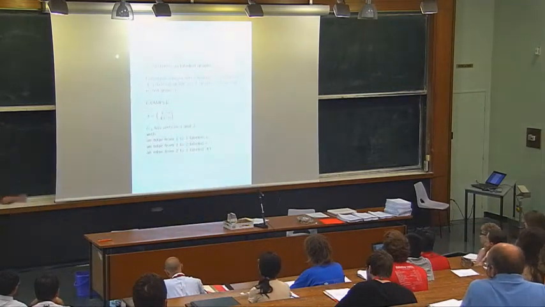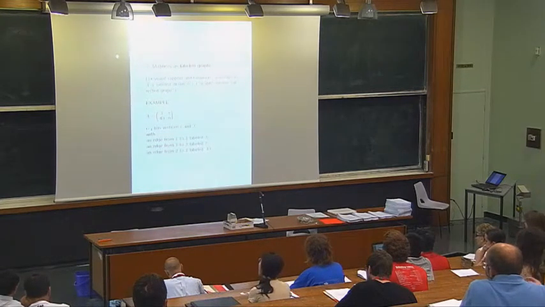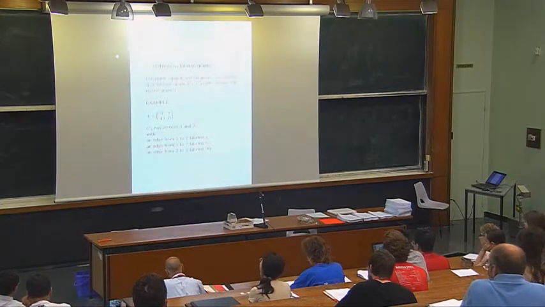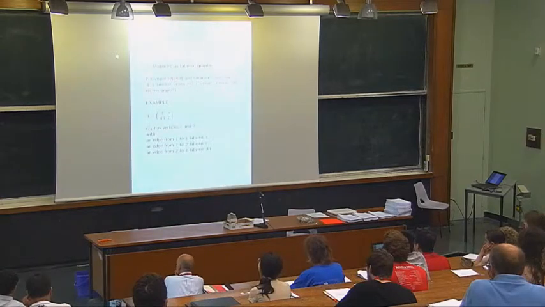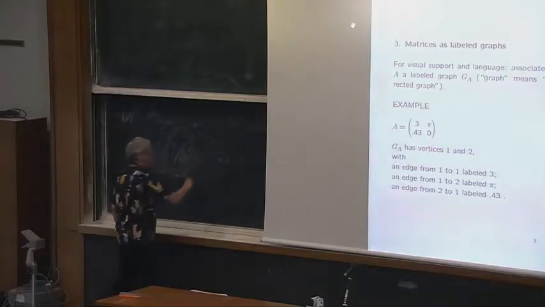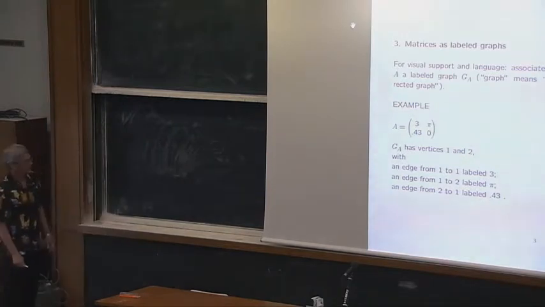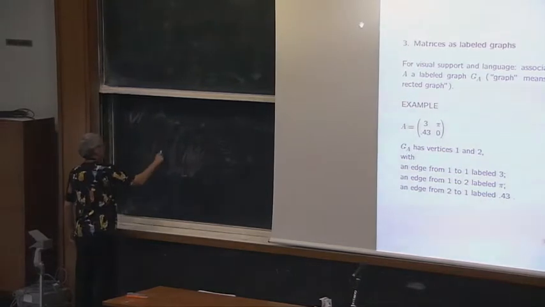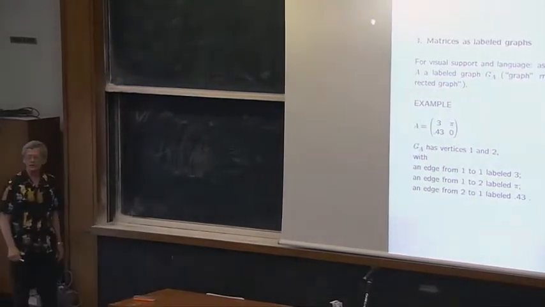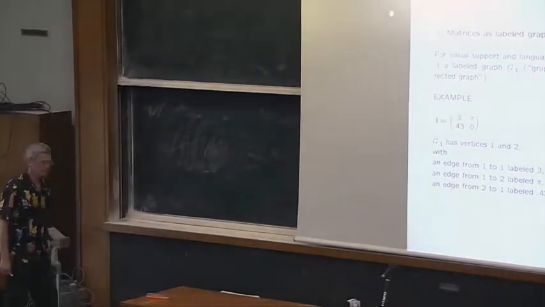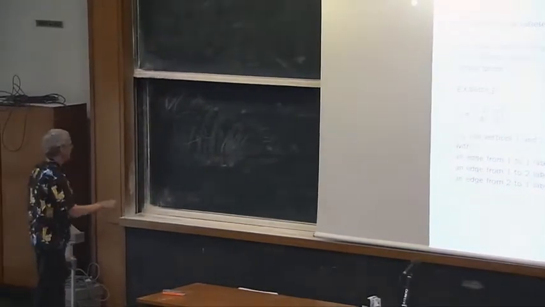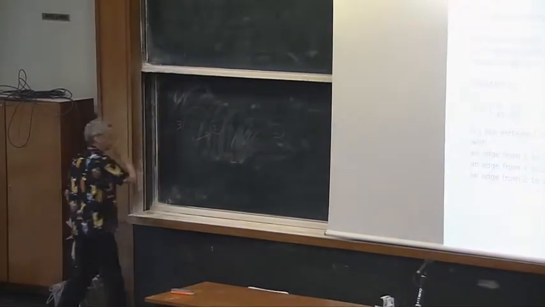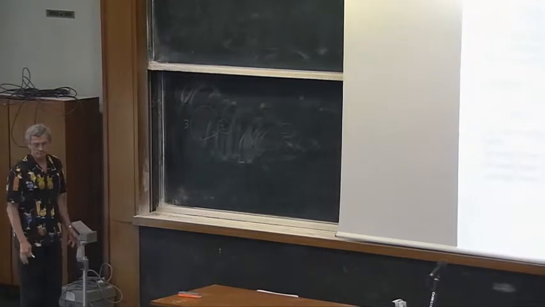So here's the matrix A: 3, pi, 0.43, 0. Well, there's row 1. 1 is now a vertex. There's row 2. That's a vertex. The 1,1 entry, being non-zero, inspires me to draw an edge from 1 to 1. And seeing that number 3 lets me label that edge by 3.